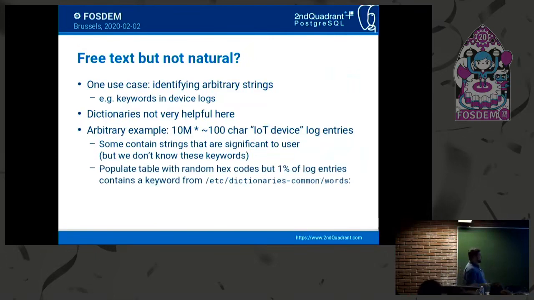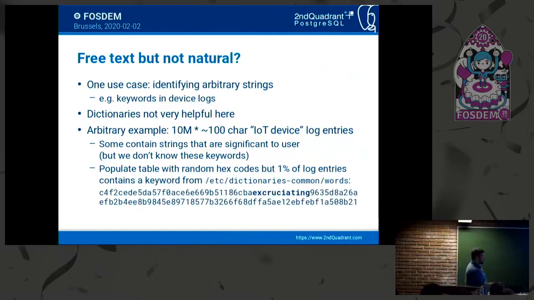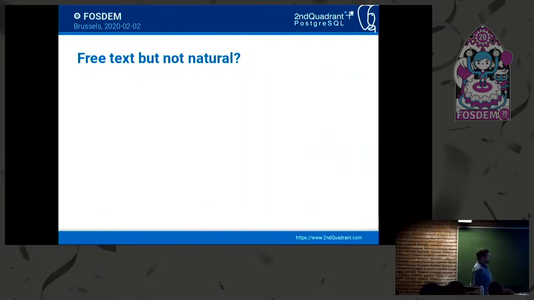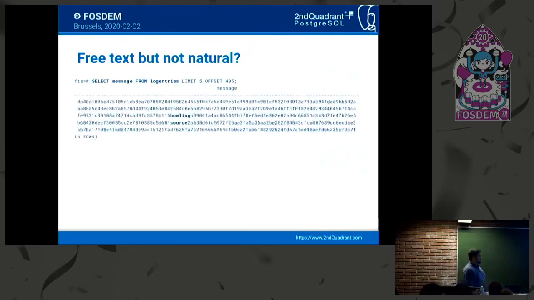So we populate the table with random hex codes, and we make 1% of these log entries contain a significant keyword. I chose keywords from the etc dictionary's common words. So they look like this. They have something hidden in the middle of all the non-human readable stuff. So select message from log_entries.